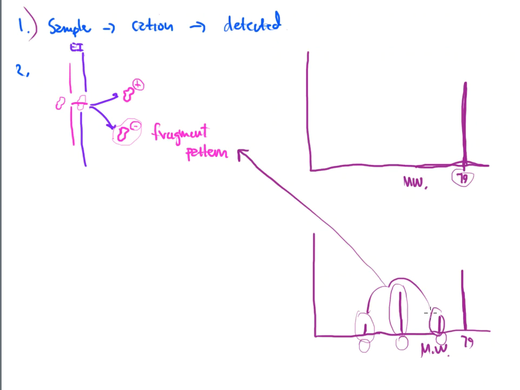Okay, now with that said, let's talk about the remnants. So in the first encounter, we said that we lose an electron. In the second encounter, we say that we get fragments that carry a negative charge. There's also a chance that we will get a molecule that goes into the system.